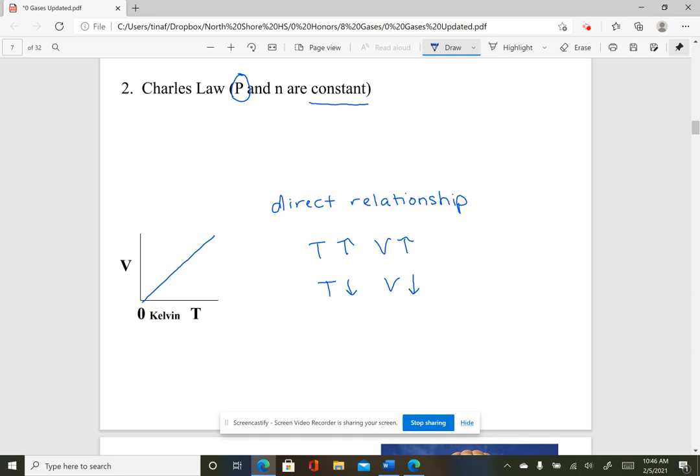That means that the number of times the particles hit the walls has to stay the same. So if you increase the temperature, your particles are going to move faster, which means they should be hitting the walls more often. But if the container also gets bigger, even though the particles are moving faster, now they have more space, so they're actually hitting against the walls the same amount. So that would be a real explanation for why this relationship exists.